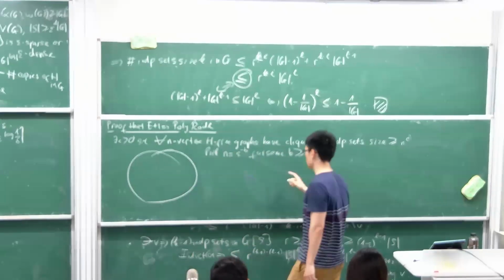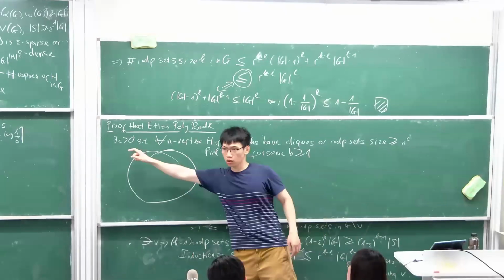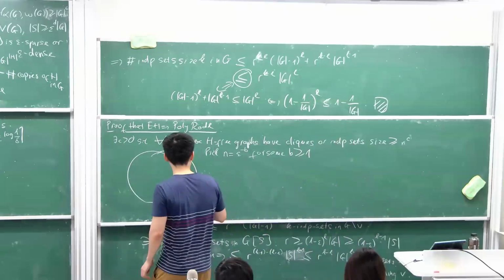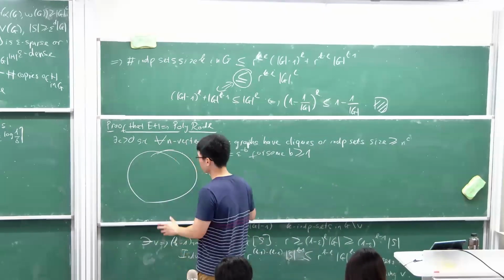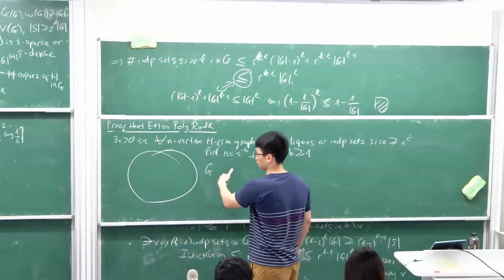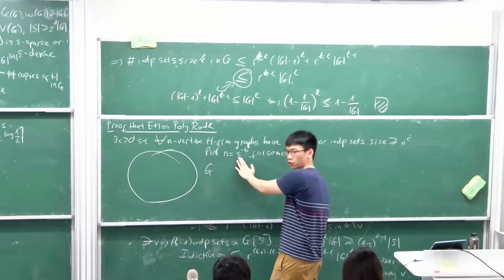This b is supposed to depend on c, to be chosen later. Also, I'm assuming that the host graph G is huge, I mean the number of vertices of G is huge compared to n.